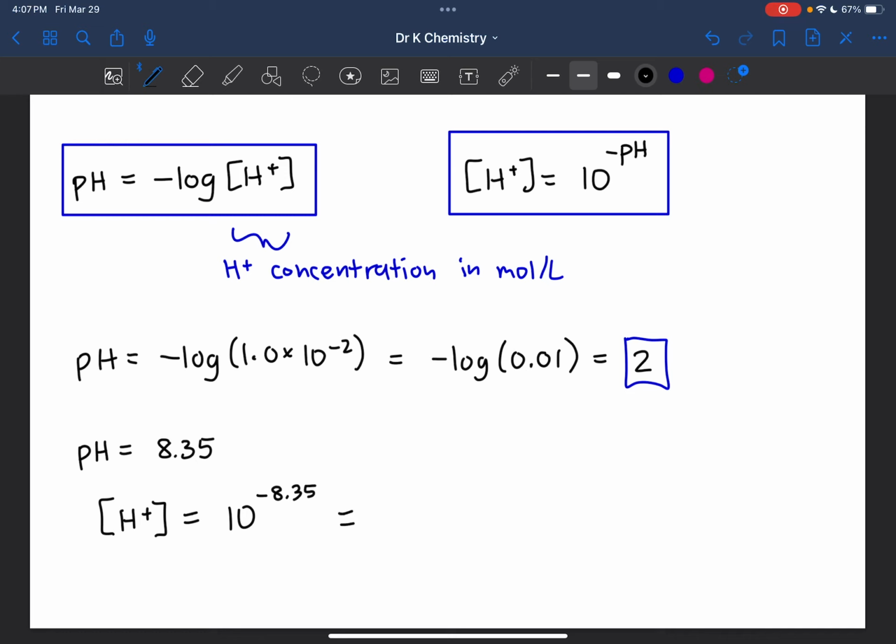We'll plug that into our calculator. And you will get, lots of zeros here. That would be 4.0 times 10 to the negative 9 molar. So very, very small concentration of hydrogen ions.